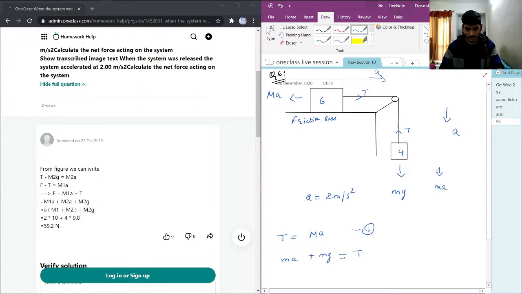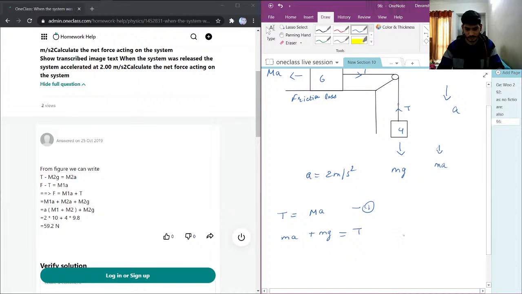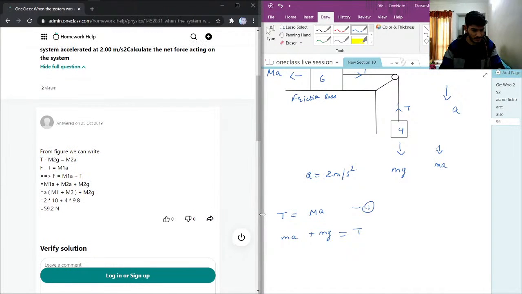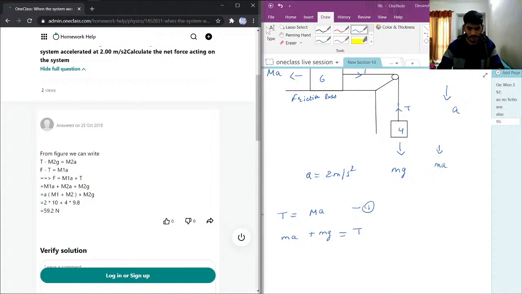So here also we have T minus M2G equal to M2A. This is the second one. And for the first one we have F minus T equal to M1A.